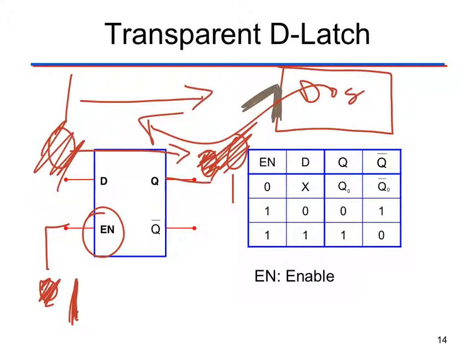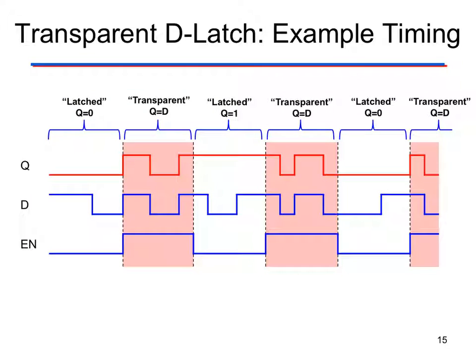So the enabler is like a latch on a gate, and it keeps everything on the D until it receives a 1. When it receives a 1, it's going to let whatever's on the D pass through and output. And that's a D latch. Here's a D latch timing. I'm not going to get into that, but you can see things happen on the rising edge of that enabler.